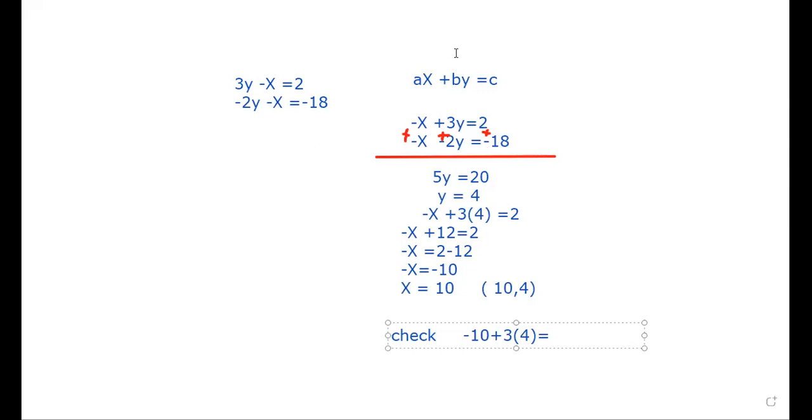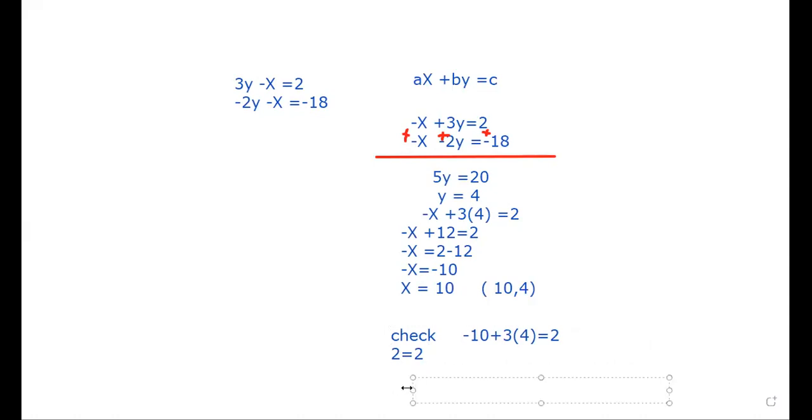Negative 10 plus 12. So on the left side, we have negative 10 plus 12, which means it will be 2, equal to 2, right? So it's correct. What about the second equation?